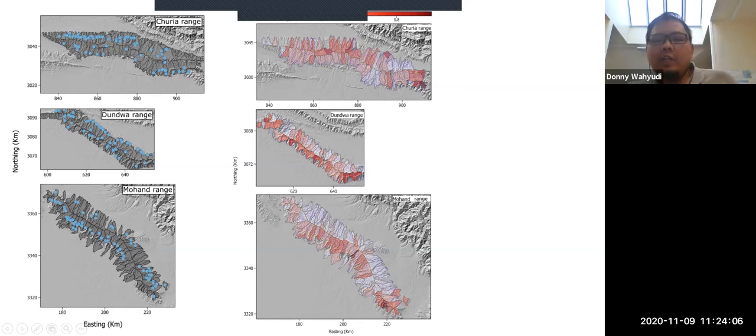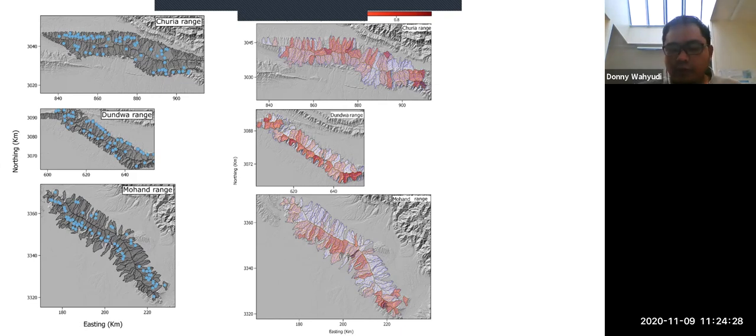In Dundua range, it has a strong asymmetric pattern of channel concavity. So the south flank has a really high channel concavity compared to the north, as well as the Mohan range, which is also showing a higher concavity to the south compared to the north flank.